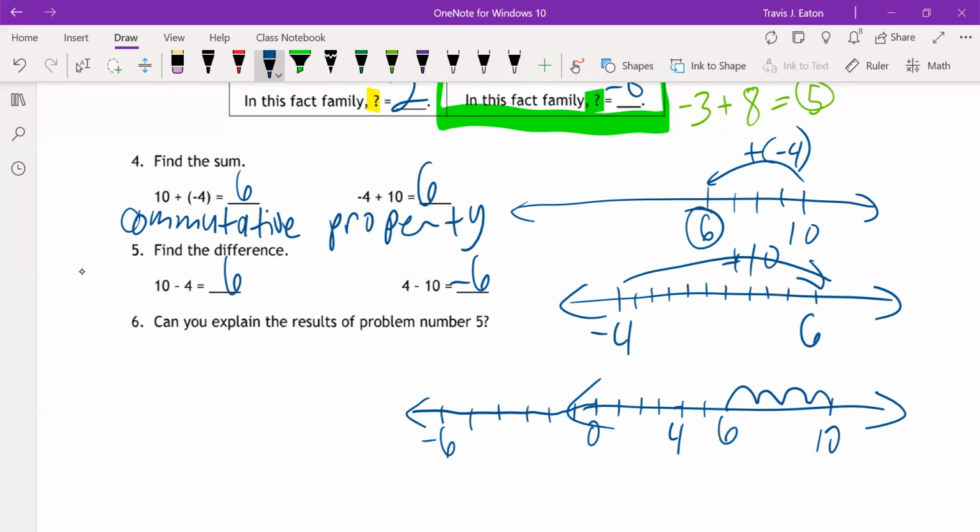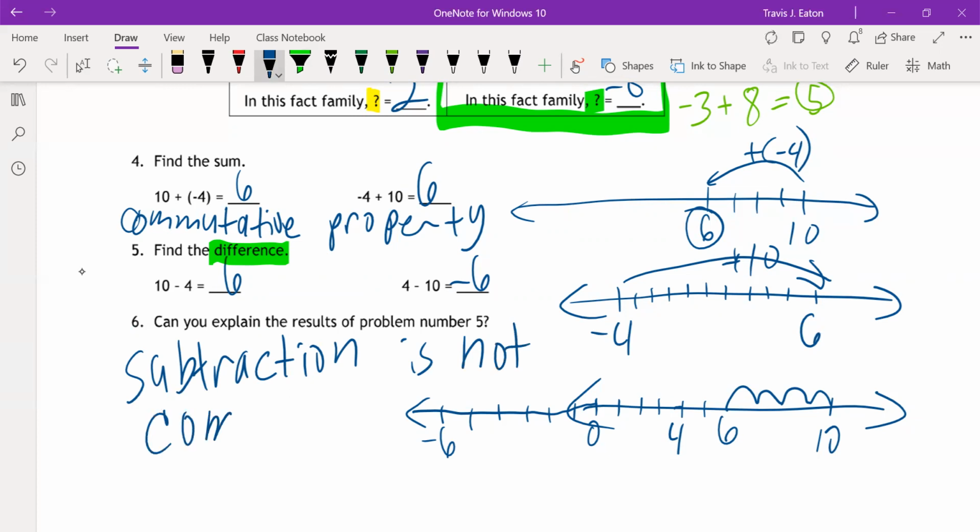Oh my. I don't get the same answer, do I? And the reason is because when we're finding the difference, we're subtracting, and subtraction is not commutative. There is no commutative property for subtraction.